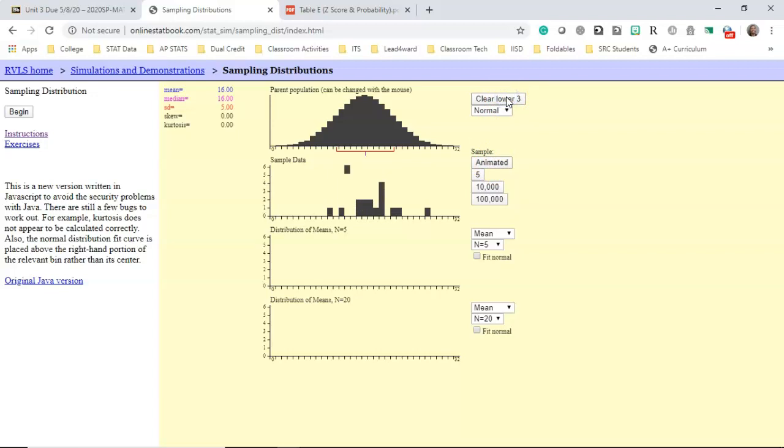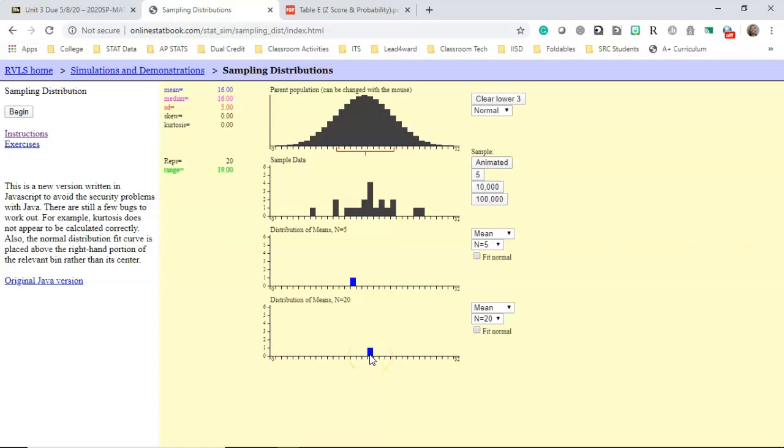I'll let that finish and I'll explain what's going on. So what happens is that in the first one, a sample of size 5, the applet is taking 5 random values from the population, and this is the average for those 5. And the second one is doing 20 samples to find an average.